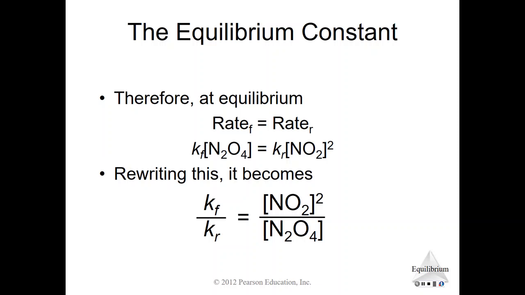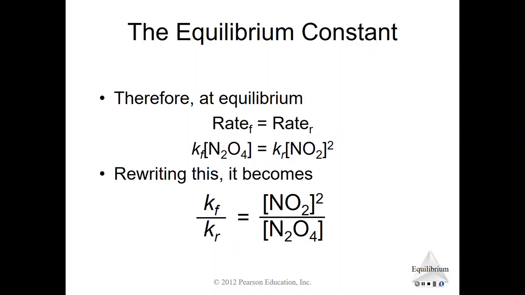Okay, so at equilibrium, we said the rates are equal. Not necessarily the concentration, but the rates. So if we have one rate equaling another rate, we can simply say this. If you just substitute in, what you get is that the equilibrium constant is going to be equal to the products over the reactants, and the products over the reactants are going to be taken to their coefficient from the balanced chemical equation.